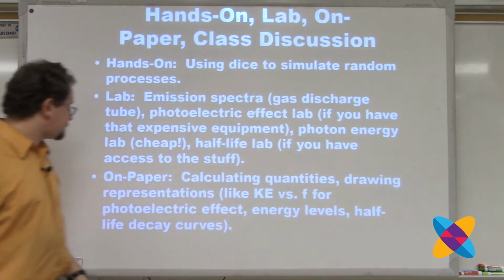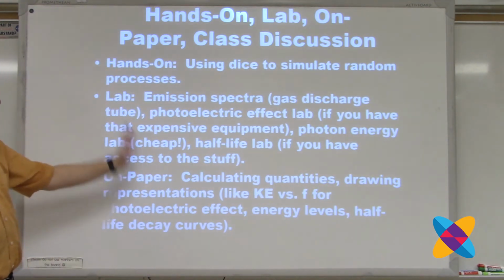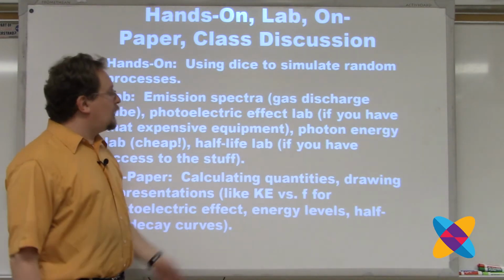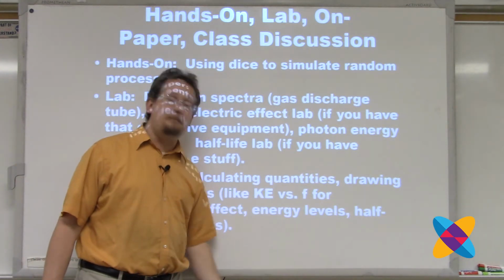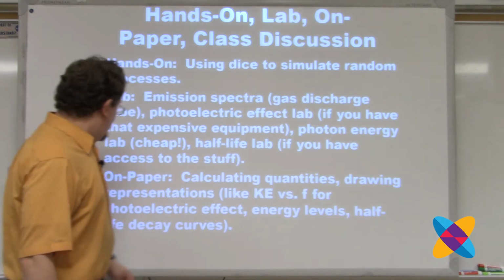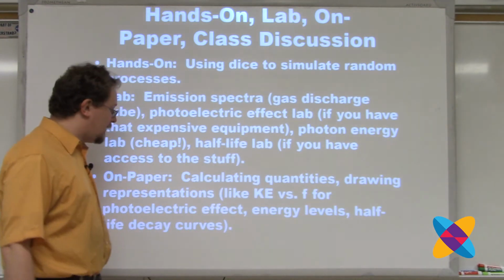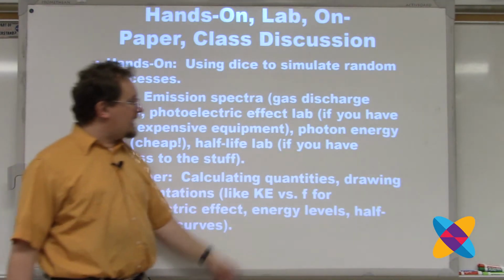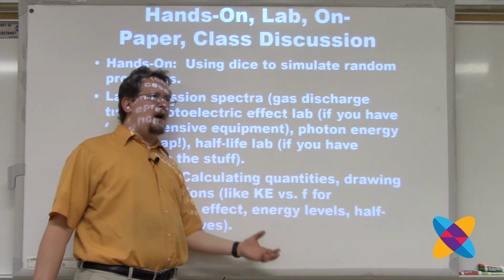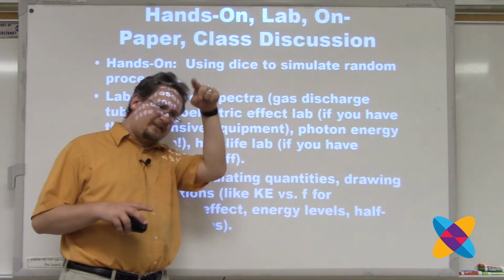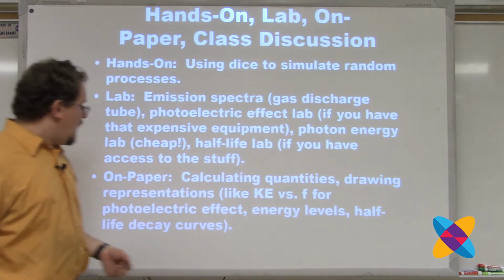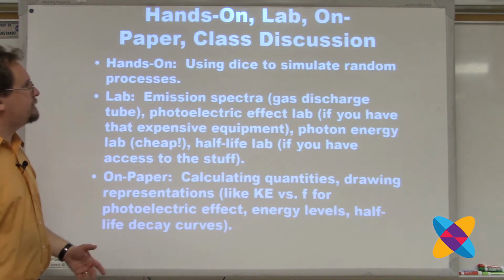On paper, just doing the calculations, calculating energy, mass defect energy, drawing representations like kinetic energy versus frequency graphs for photoelectric effect, drawing energy level diagrams, doing calculations, what frequency photon will excite this atom or whatever, half-life and decay curves.